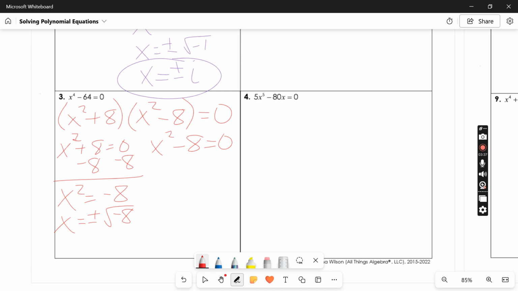But we want to look for the largest perfect square that goes into 8. So the largest perfect square that goes into 8 is 4. That's 4 times 2. So this is going to be x equals positive and negative. We're taking the square root of that 4, which is 2. So 2i square root of 2.